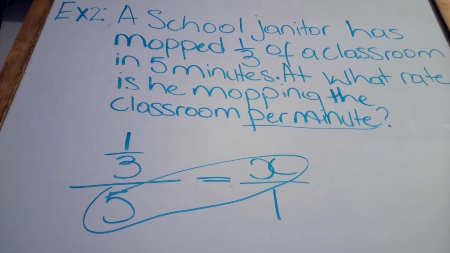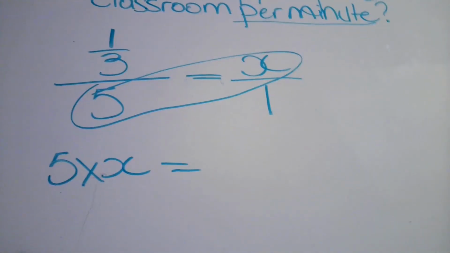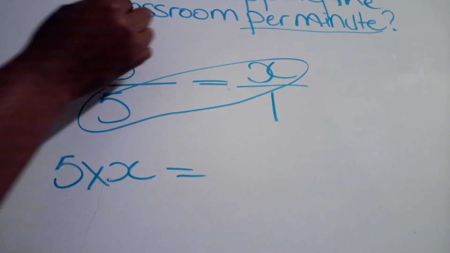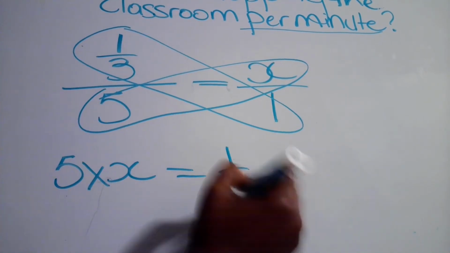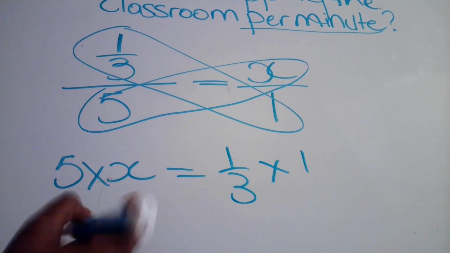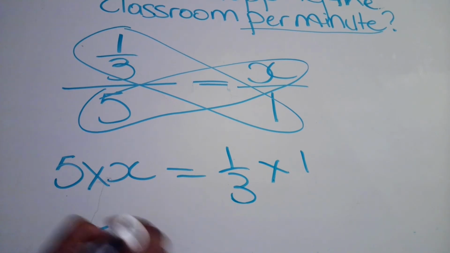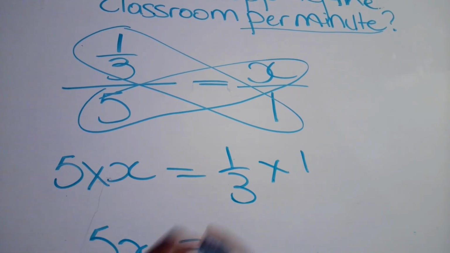5 multiplied by x is equal to 1/3 multiplied by 1. 5 times x is 5x, equal to 1/3, because 1 times 1/3 gives us 1/3.